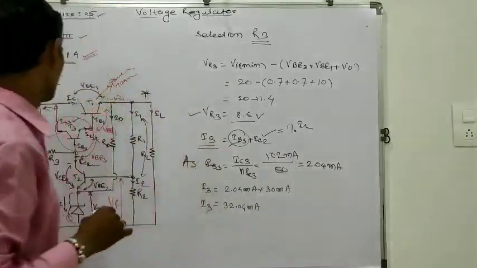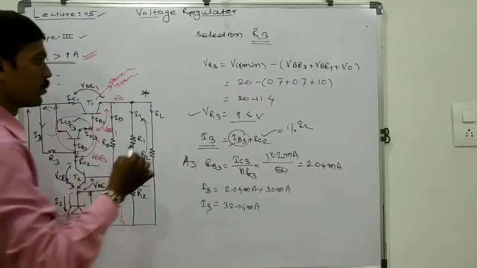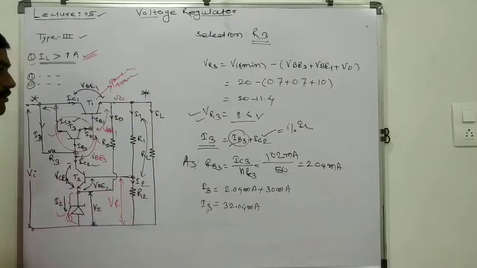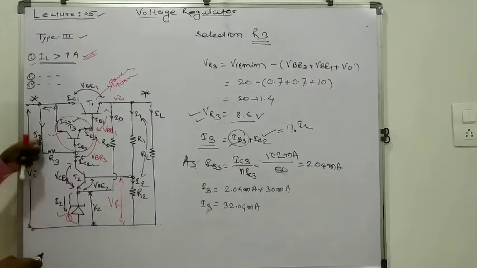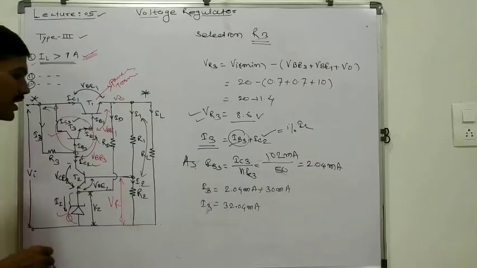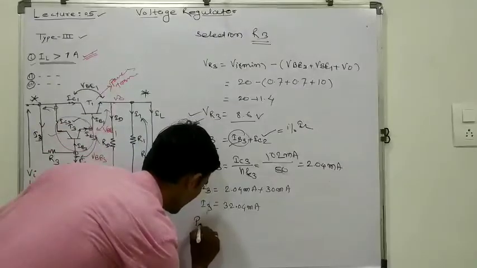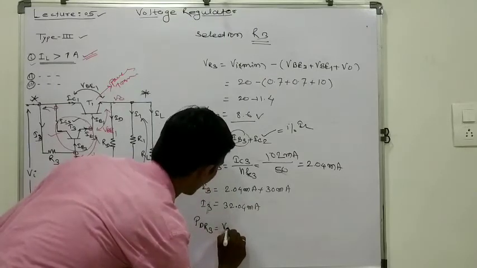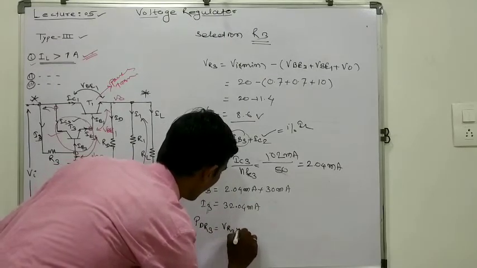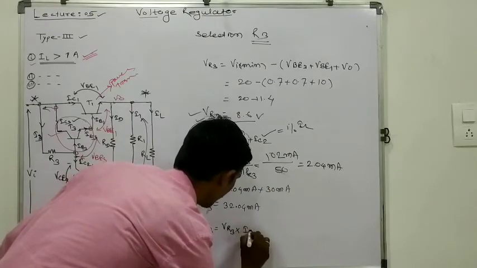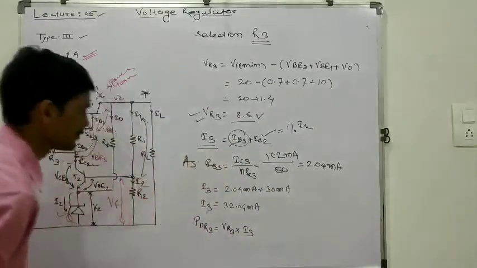So for the selection of resistance R3, we have VR3, the voltage across the resistance R3, and we know the value of the current flowing through it. So we can calculate the power dissipation for R3.